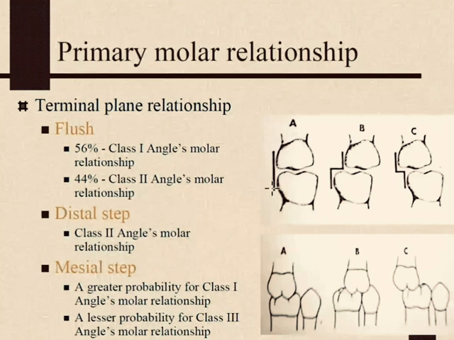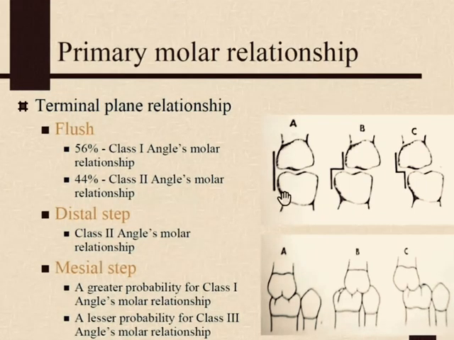It is between the maxillary primary second molar and the mandibular primary second molar. The terminal planes are the distal surfaces of these two second primary molars, upper and lower.